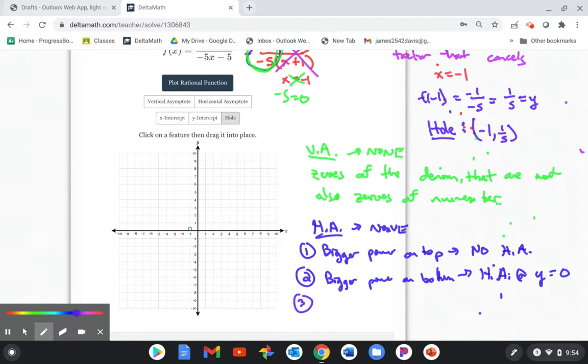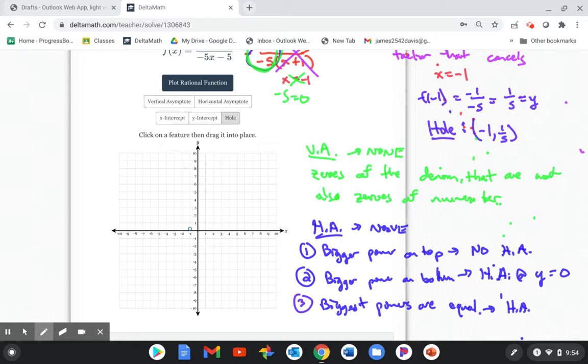And third case, if the biggest powers are equal, so let's say there's both an x squared on the top and the bottom, then there's a horizontal asymptote at y equals the ratio of leading coefficients.